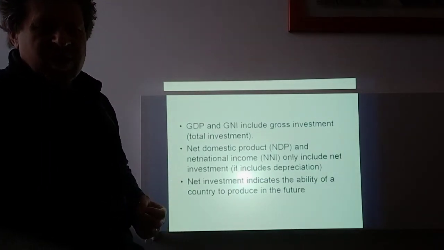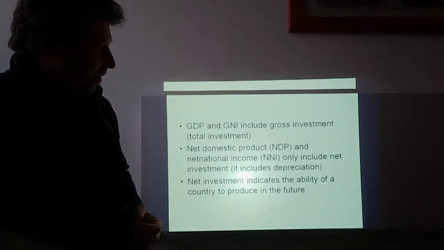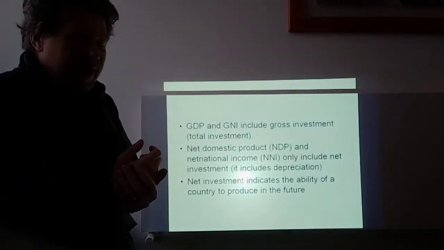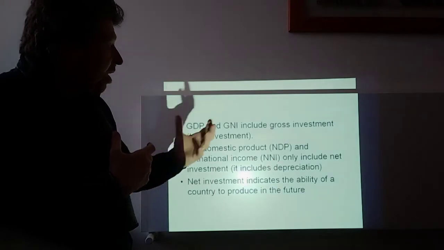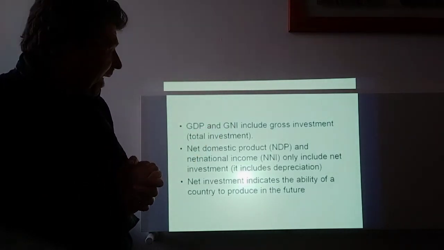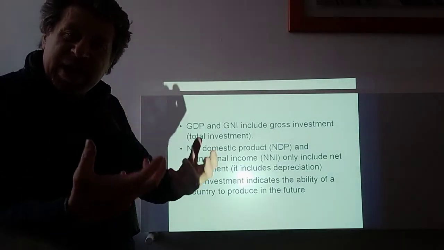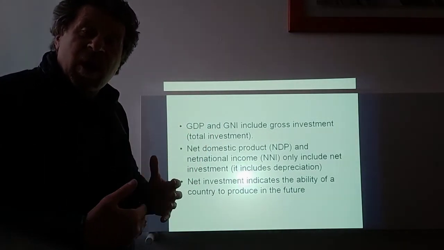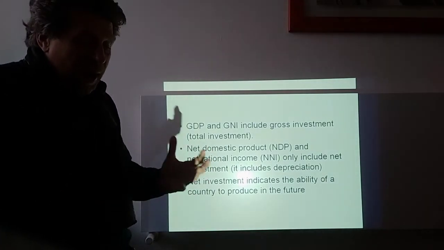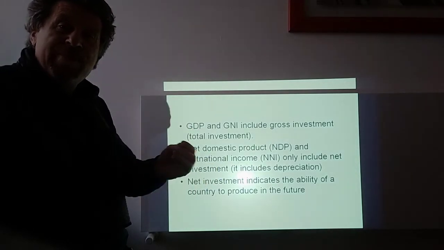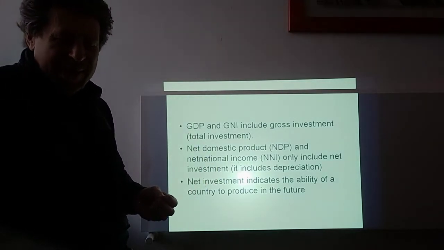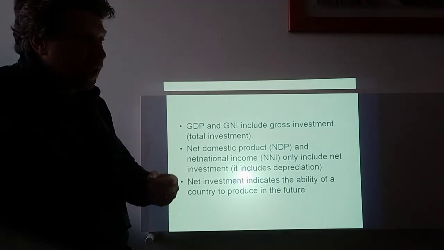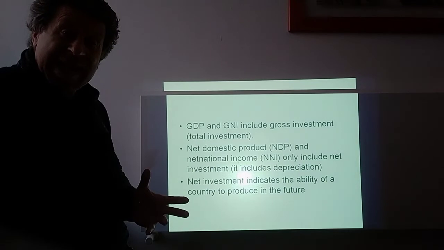This includes also the depreciation, because when we produce in a country, we include the investment in the GDP and the GNI, but every year our capital is depreciated, and a lot of what our output or income is will have to be spent on maintaining it, on not just producing, but also maintaining the capital goods, which are the roads, the infrastructure, the factories, anything that needs to be maintained to a good level.